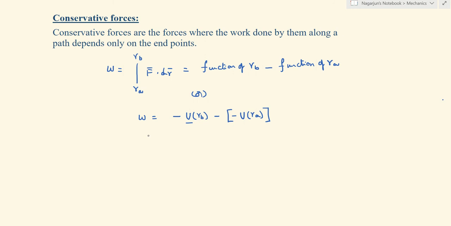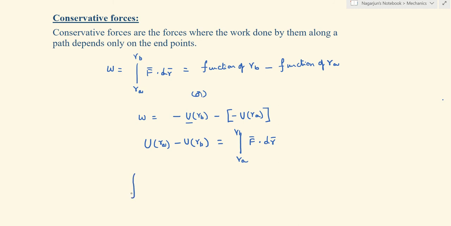So I can express U of RA minus U of RB is equal to integral RA to RB F bar dot dr bar. Another important point to note is the work done by the conservative force along a closed path.